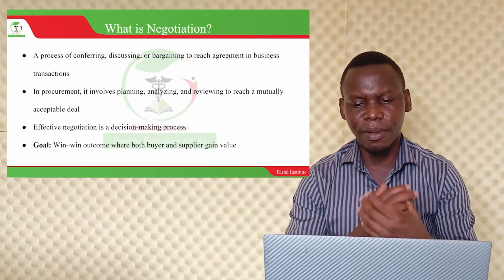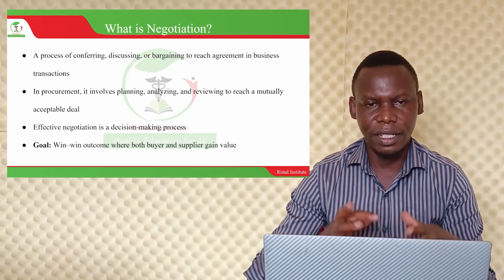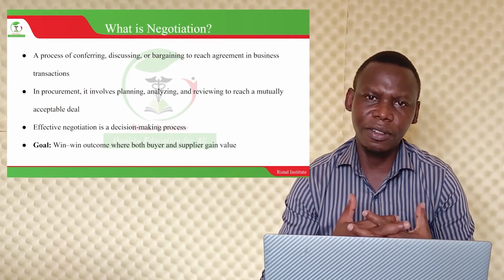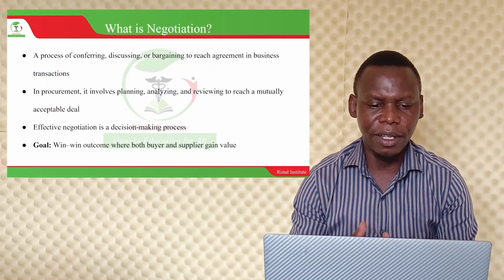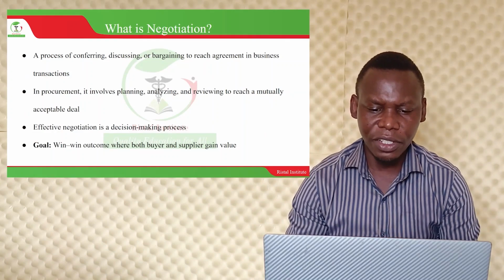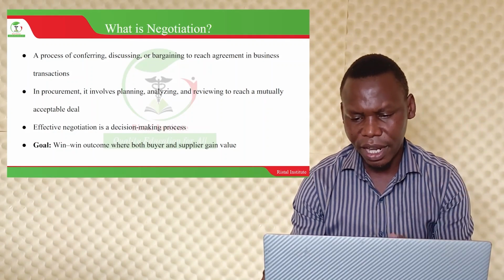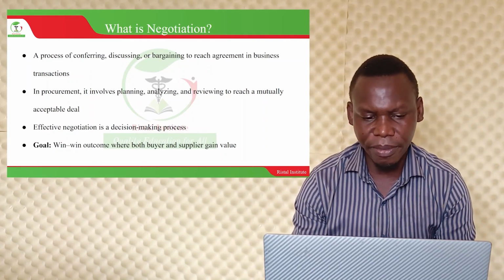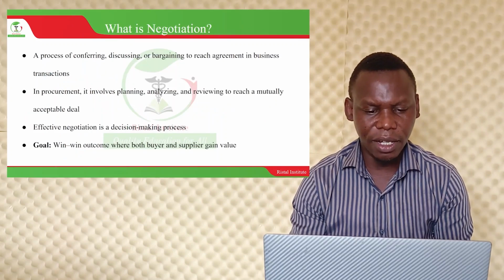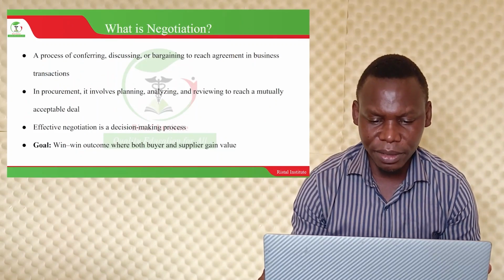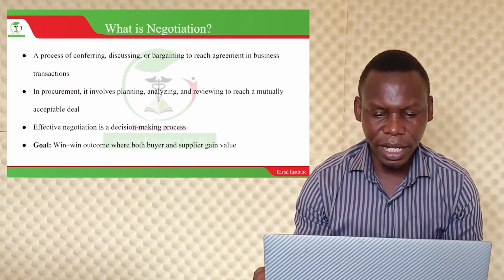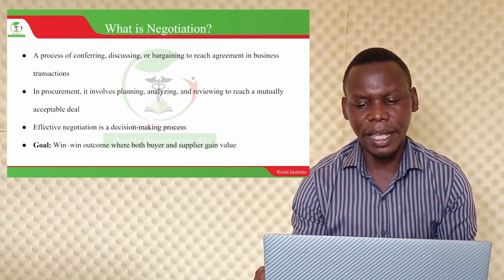Then reviewing of the process also is done, so that the last decision made is of good benefit to any of the party. Effective negotiation is a decision-making process. At the end of it, it helps us to make decisions. The goal of negotiation is to come out with a win-win outcome where both buyer and supplier gain a value.